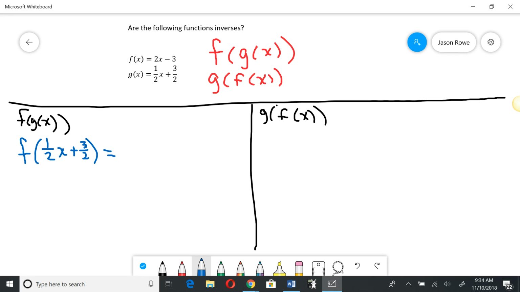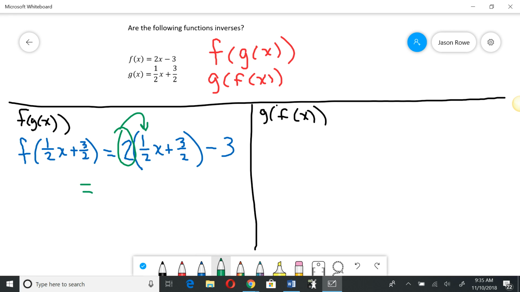So when I do that, I'll get 2 times that quantity, and this will be my substitution, and that's minus 3. Now I need to distribute the 2. So what's 2 times 1/2? Well, that's 1x, so just x. I don't need the 1.